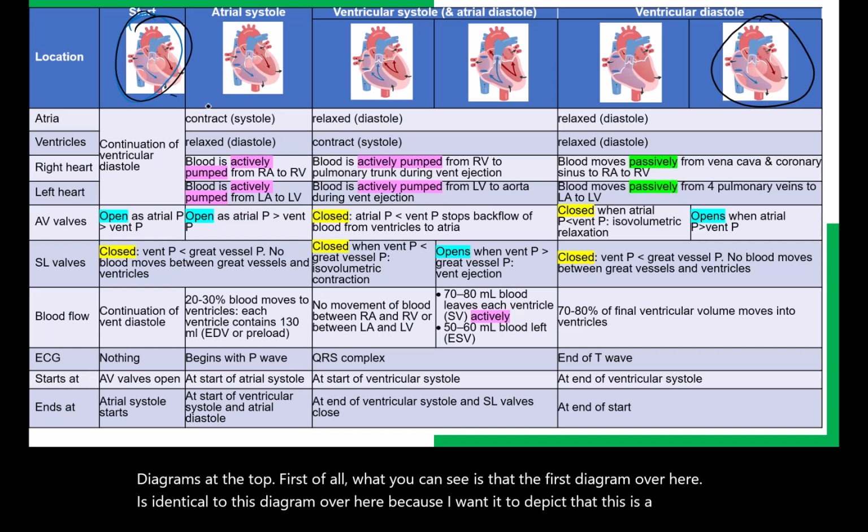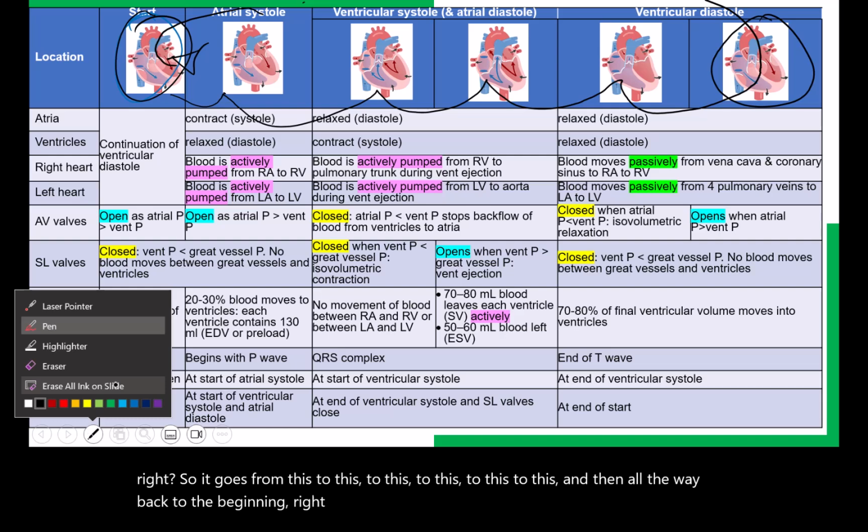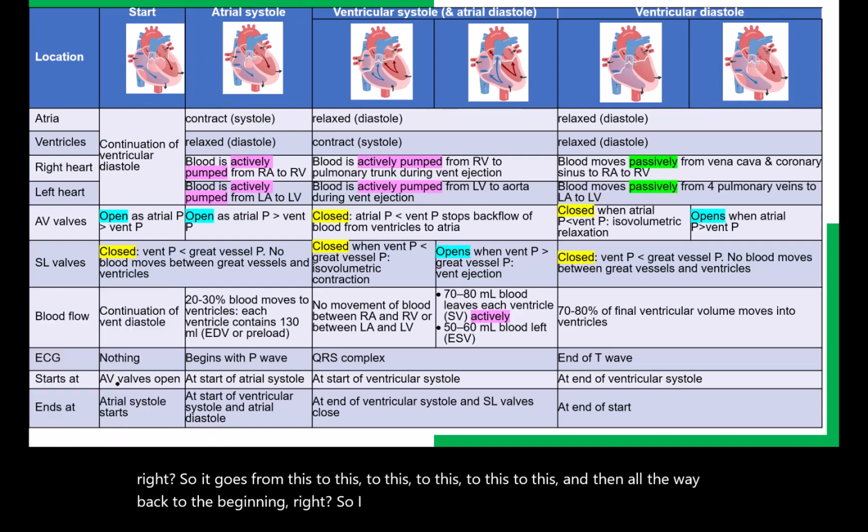So it goes from this to this, to this, to this, to this, to this, and then all the way back to the beginning, right? So I've deliberately put it over there.